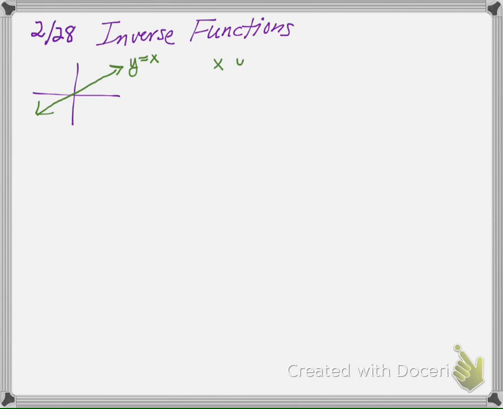What if I had a table of a function that looked like this, and I said, what would be the table of its inverse? So what would be the first point? 12, 3, 13, 4.